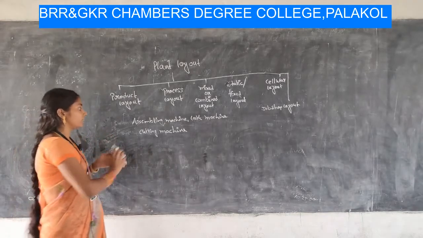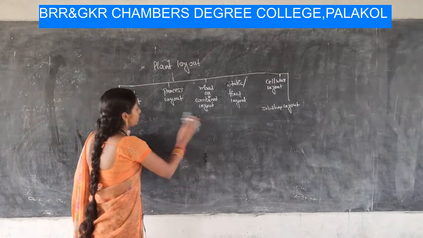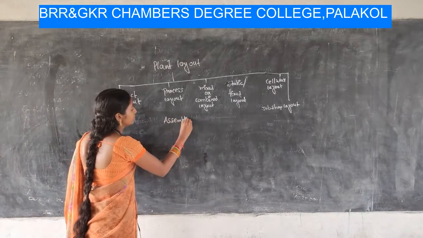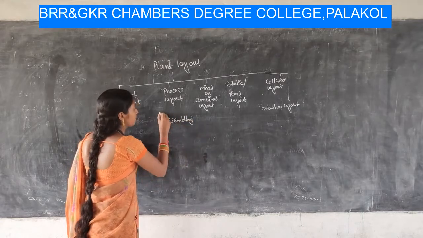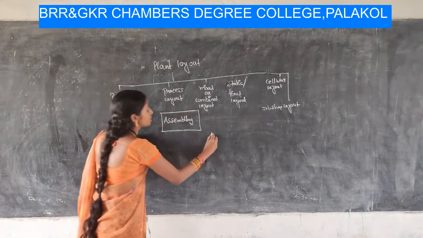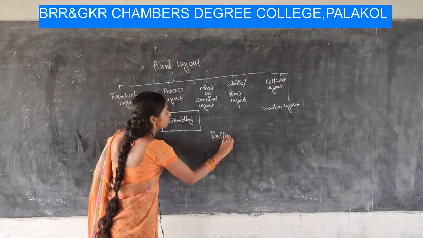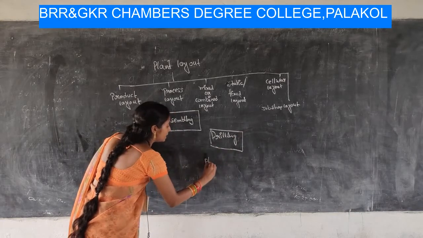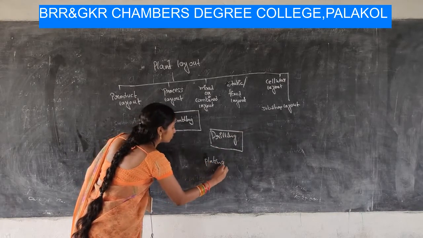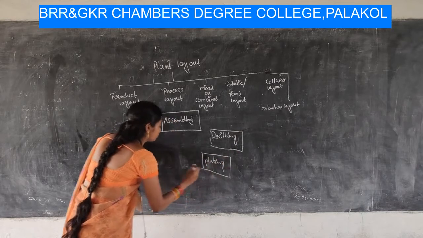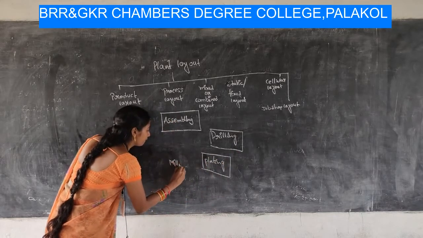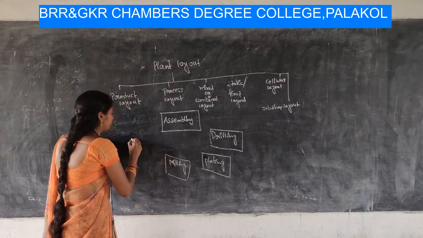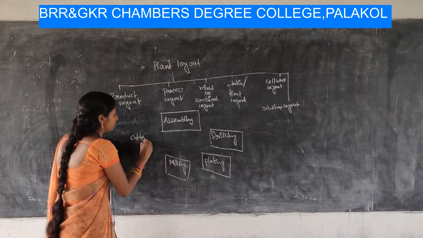Okay, the example for process layout is assembling. You have to write down this definition. Drilling, plating, milling, and cutting.